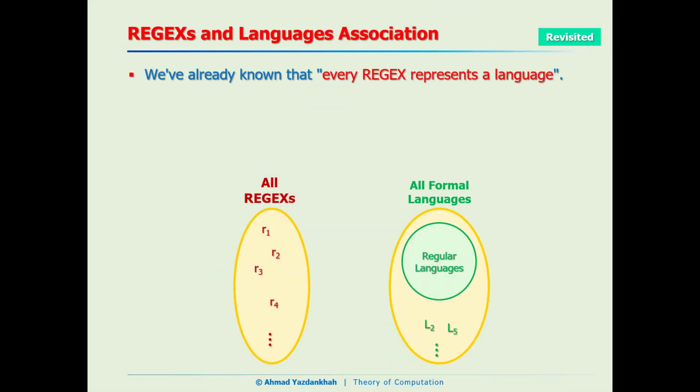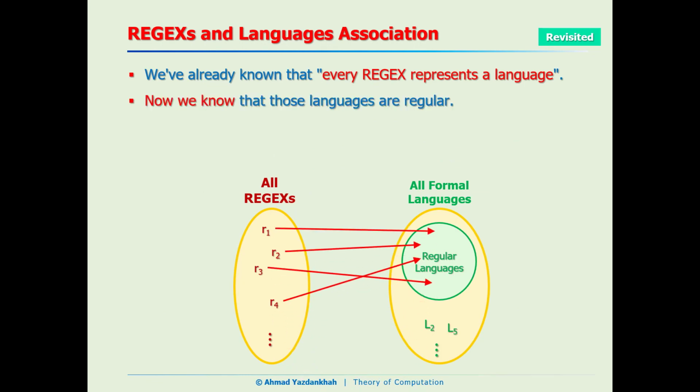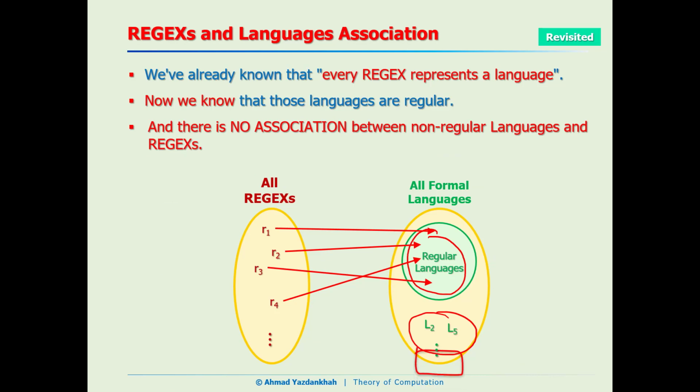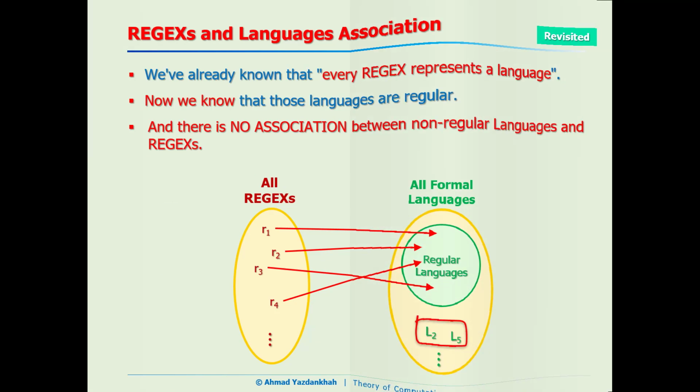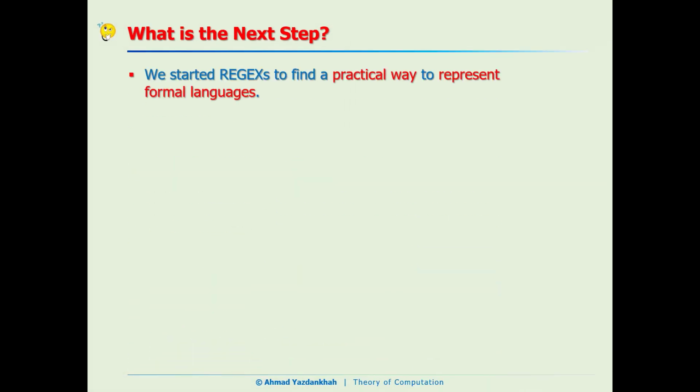Okay, so now our knowledge is enough. All regexes are pointing to the regular languages. So non-regular languages won't be covered by regexes. Now, if I ask this question, what is the next step?